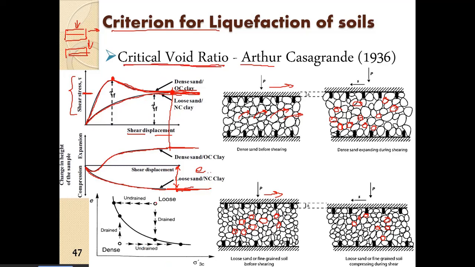So we have a loose sample, right? If we do a drained test, the loose sample will compact. Whereas if a dense sand is tested under drained condition, the void ratio will increase.